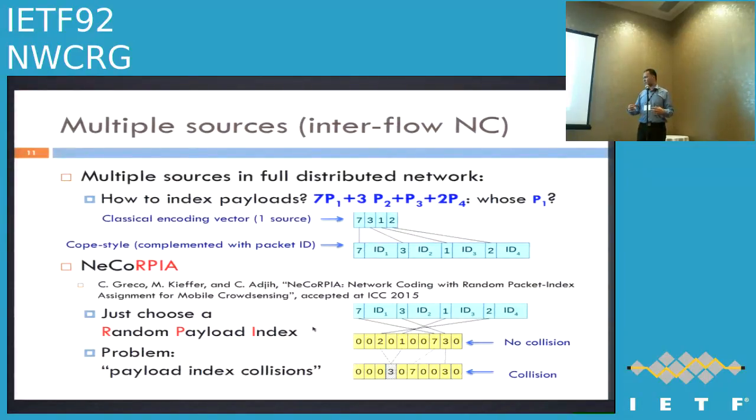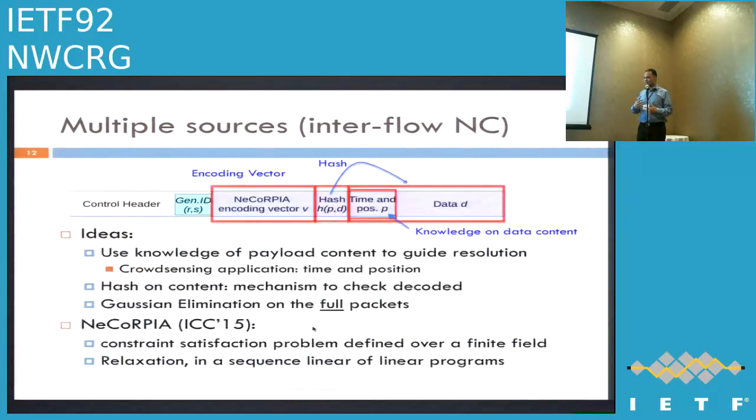Of course, the downside is that you can have some packet index collisions, so two nodes that choose the same index. Then on the next slide, we did a technique to try to recover the packets despite the packet index collision.